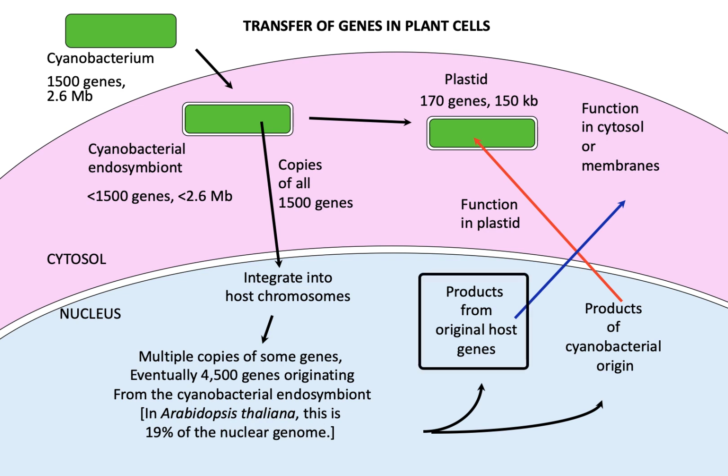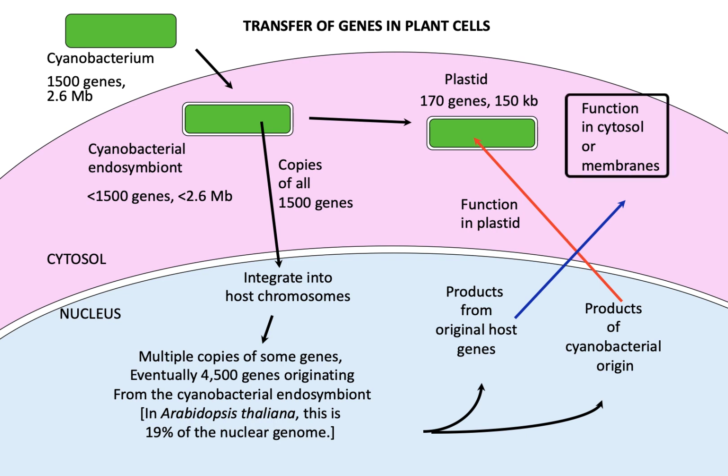Subsequently, then, the products from that nuclear genome, products from the host genes, then moved out. The RNAs moved out into the cytosol, were translated on cytosolic or ER ribosomes, and then those proteins wound up functioning in the cytosol or in the membranes of the host organism.